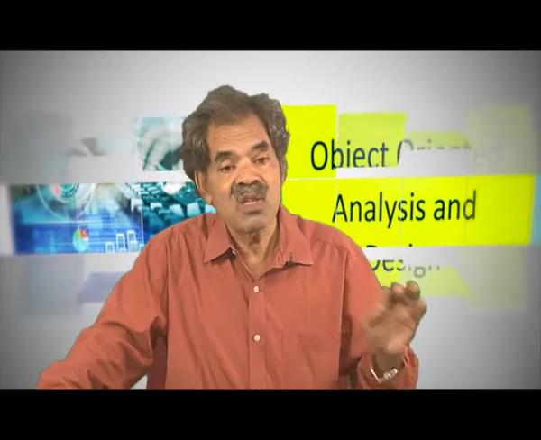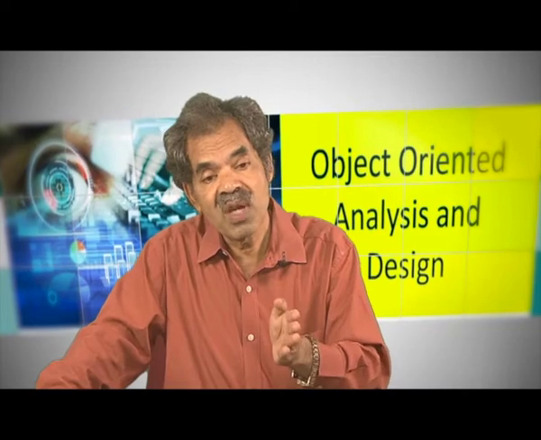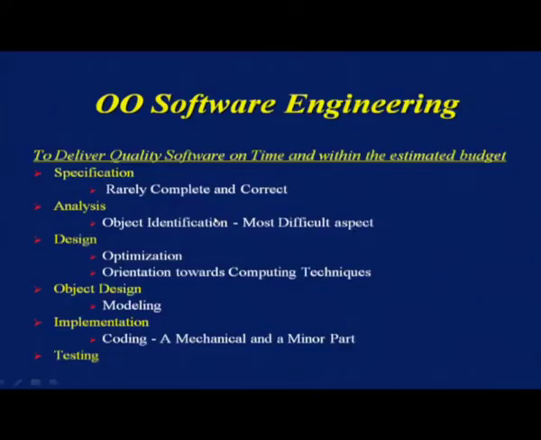Very specific to this course, later on in the subsequent lectures, we are going to do unified modeling language. So, all that we did so far, that is object identification, modeling, object design, everything put together, we make it a unified model and express it in a set of diagrams which is called unified modeling language.